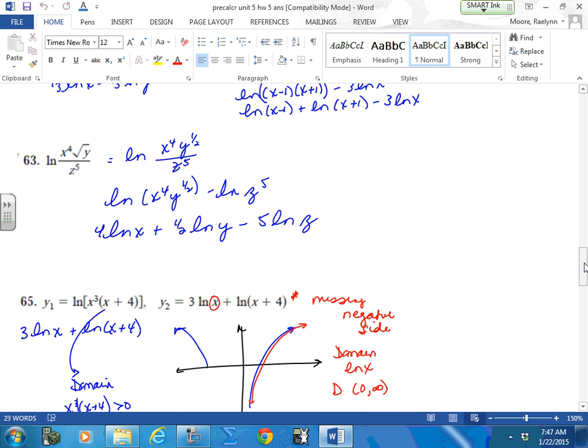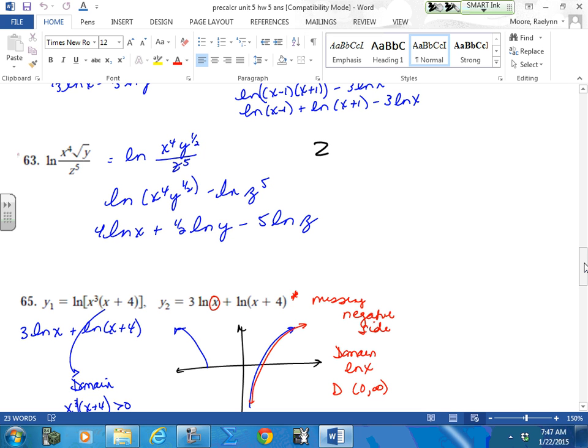This one, separate your divide. Now the nice part about this, remember I told you order of operations. Make sure you're following your order of operations. When you separate your multiply into an add, when we go left to right, it's going to do this multiply first. And then it's going to do a divide. The opposite way doesn't work.